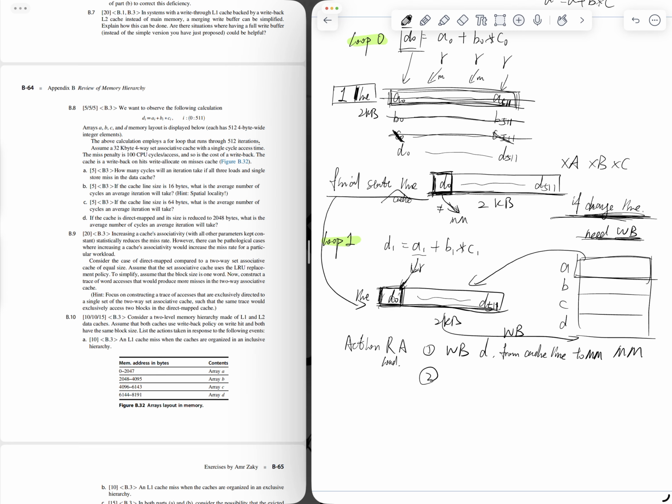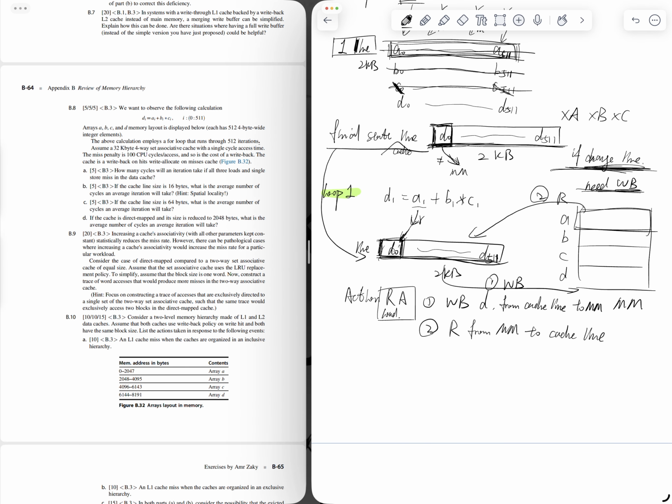And the second step for the read A will be the read, from main memory to the cache line, right? Firstly, write back. Secondly, read. So here we will have one write back.